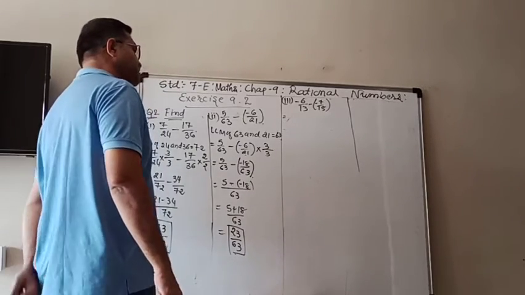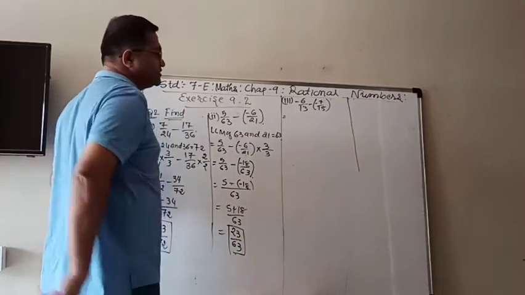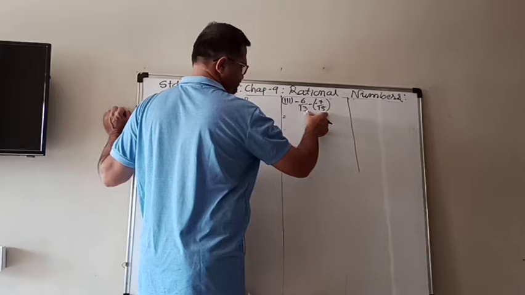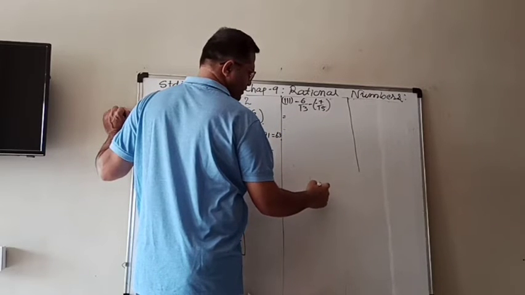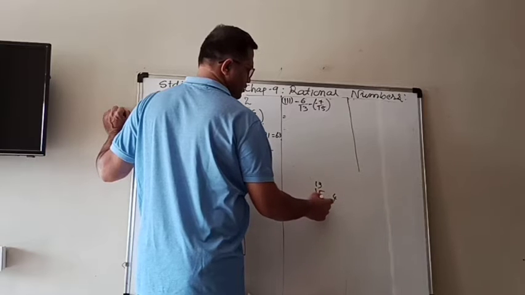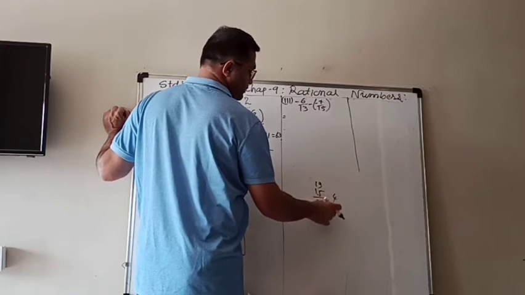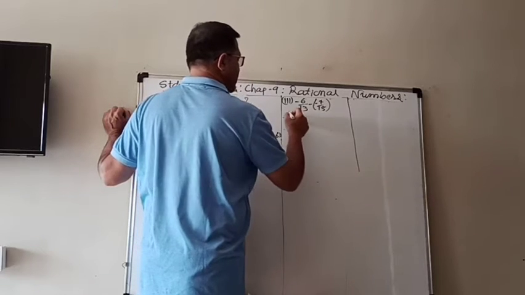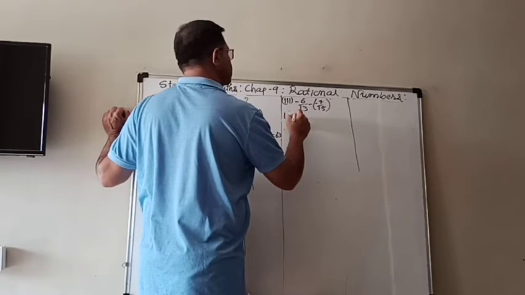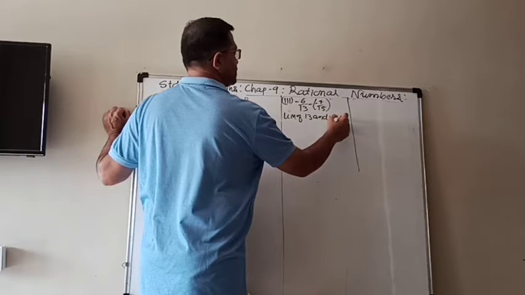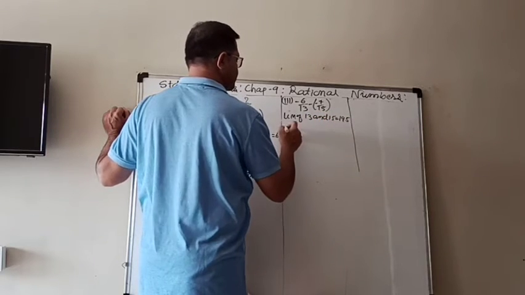They don't have any common factors, so we have to multiply them. So 13 multiplied by 15 is 195. So the LCM of 13 and 15 is 195.